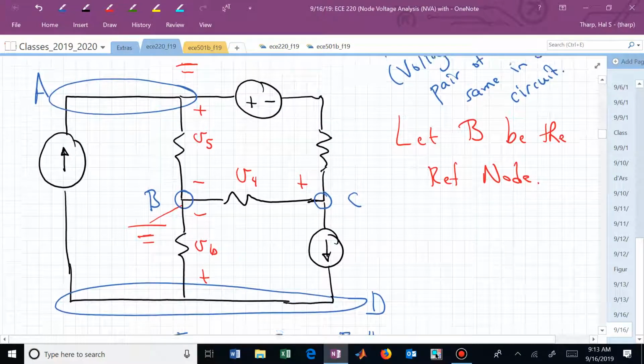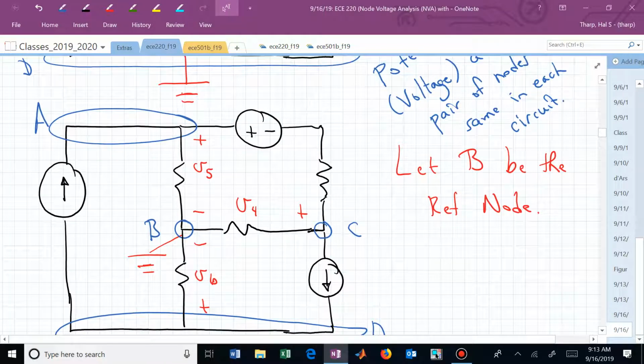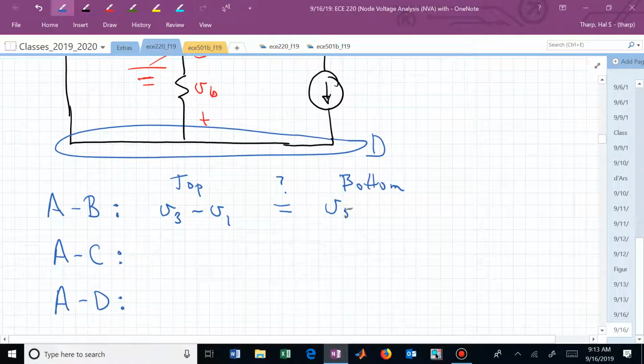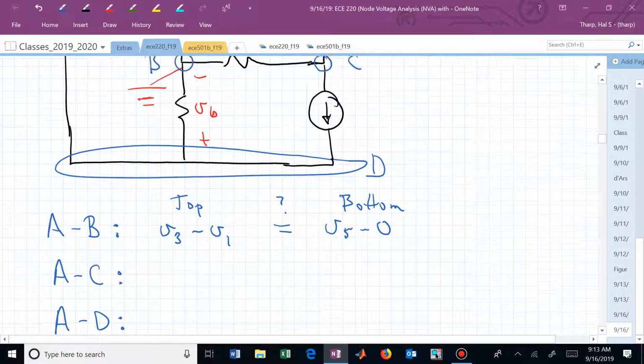In the bottom circuit, what's the potential difference between A and B? That's one of our node voltages. It's V sub 5. Or we could say V sub 5 minus 0, which is what we're assigning to node B. A to B is now V sub 5 minus 0.